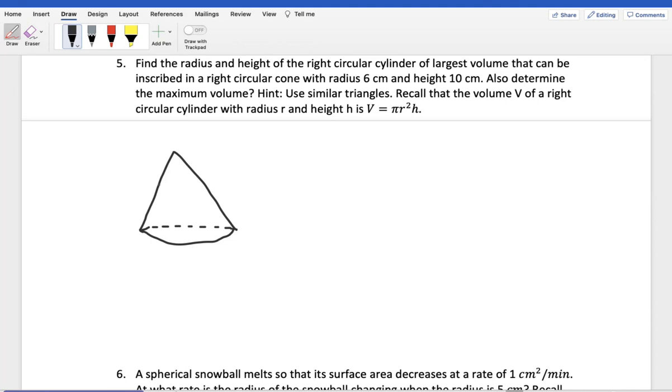So if you could imagine a cylinder inside this cone with the largest volume, so the largest possible cylinder that can fit inside the cone. So that's the one that we're fitting in there.